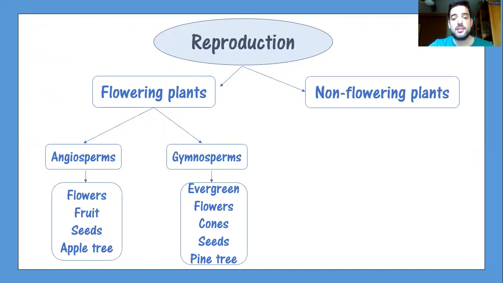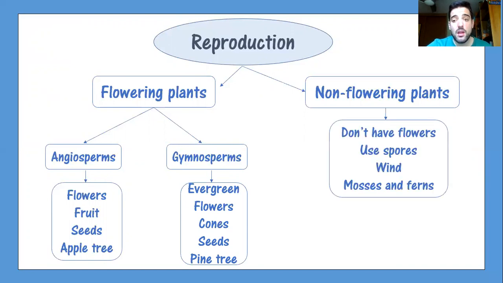And gymnosperm plants are usually evergreen, have flowers, but they don't have fruits. They have cones. They also have seeds. And an example is the pine tree. Non-flowering plants, of course, don't have flowers. They use spores to reproduce. These spores are taken by the wind and land in a new surface where a new plant can grow. Some examples are mosses and ferns.